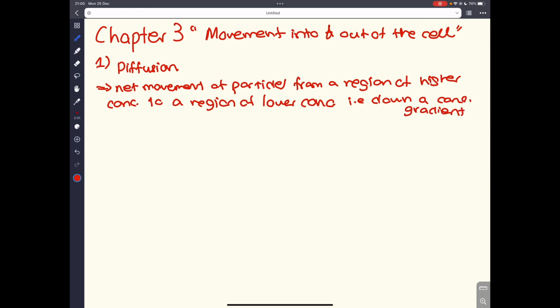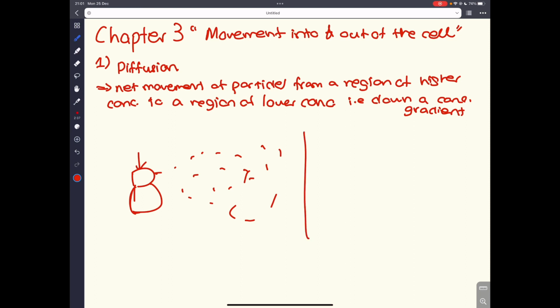Now, diffusion is easiest to conceptualize if you imagine, let's say, a perfume. A perfume is a very classic example of how the principles of diffusion work. Let's say that you have a bottle of perfume. You spray it so the perfume spreads around the room.